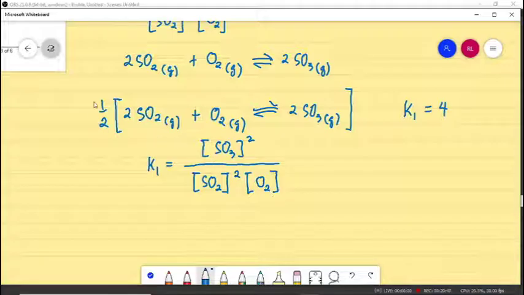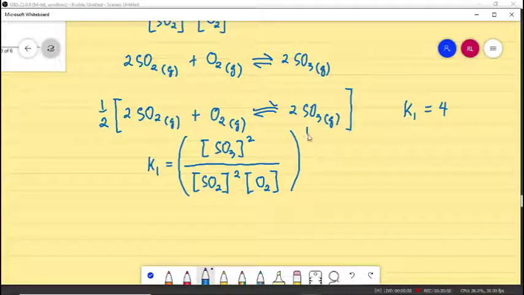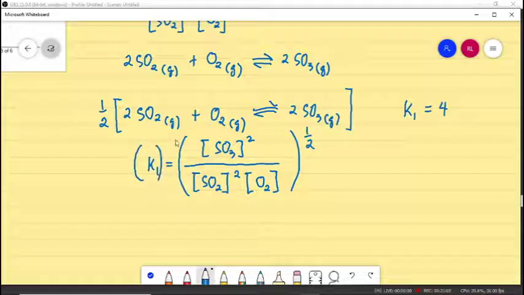So if you multiply this by 1/2, it is just the same with raising this whole quantity to the power of 1/2. This is similar to the previous example, and of course this has to be raised to the power of 1/2.